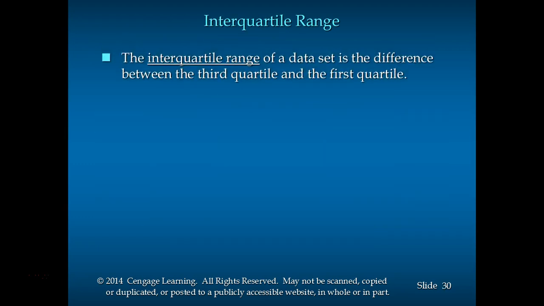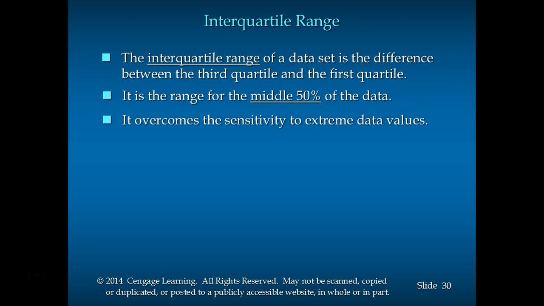What is the interquartile range? It is the difference between the third quartile and the first quartile. It is the range for the middle 50% of the data. So this is actually a pretty good representation, not of where the middle of the data is, but of how spread out the middle of the data is.